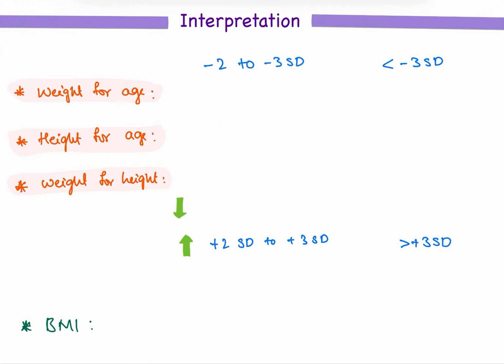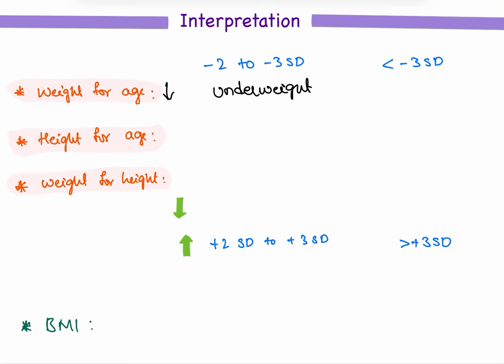Interpretation. So after plotting the growth charts, we have to come to certain interpretation. There are three components: weight for age, height for age, and weight for height. When the weight for age lies -2 to -3 standard deviation, that is when the weight for age is decreased, it is known as underweight.